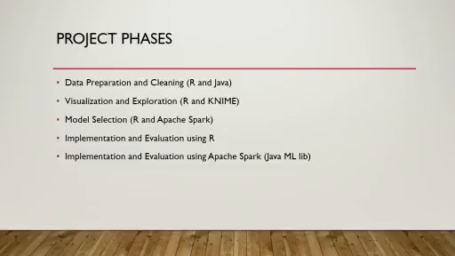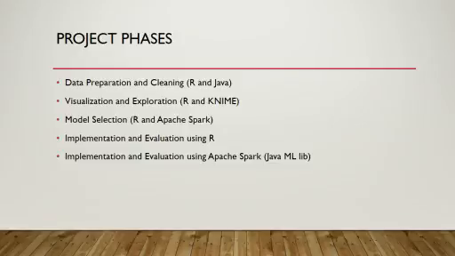Next, once I had the data ready, I did a lot of visualization and exploration using R and KNIME to understand how the data is distributed and what the data looks like. Then, once I understood the data, I started with model selection using R and Apache Spark.